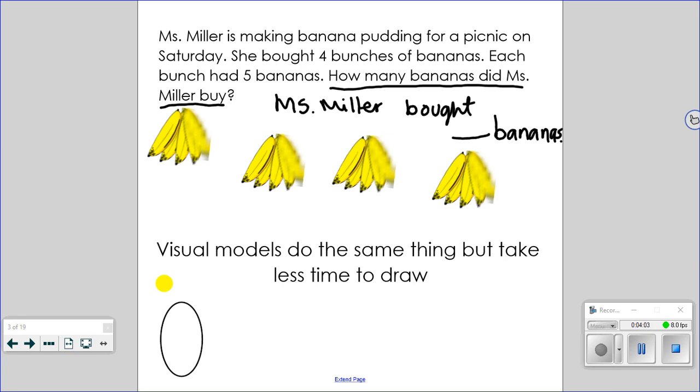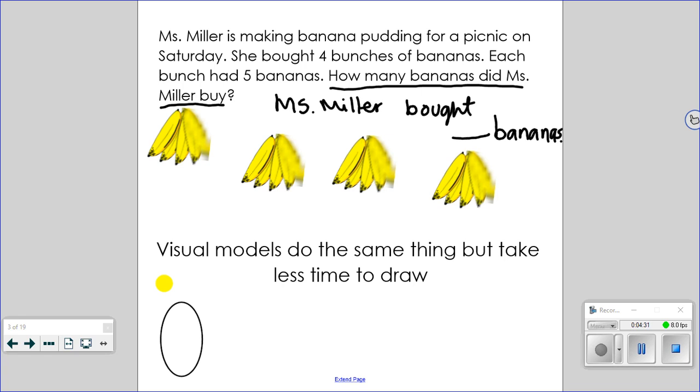Actually, you're going to do it with counters. Show me your banana bunches with counters. I'm going to help you get them out. I need 4 bunches with 5 bananas in each bunch.